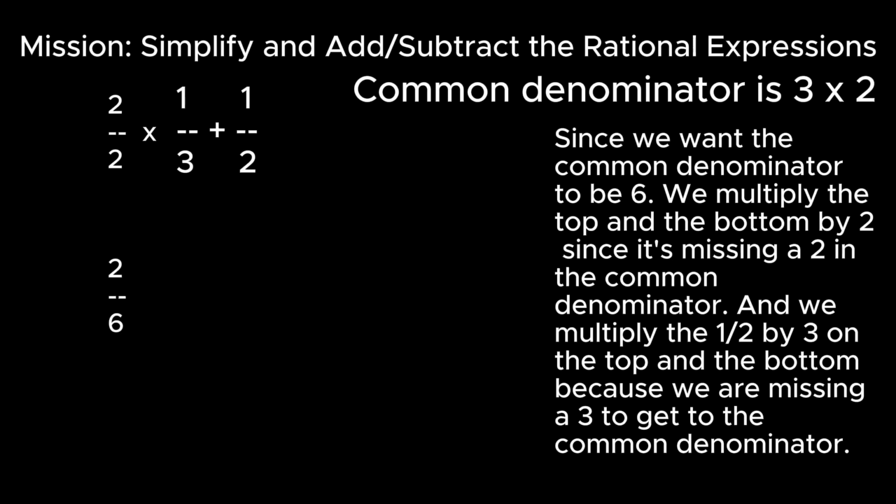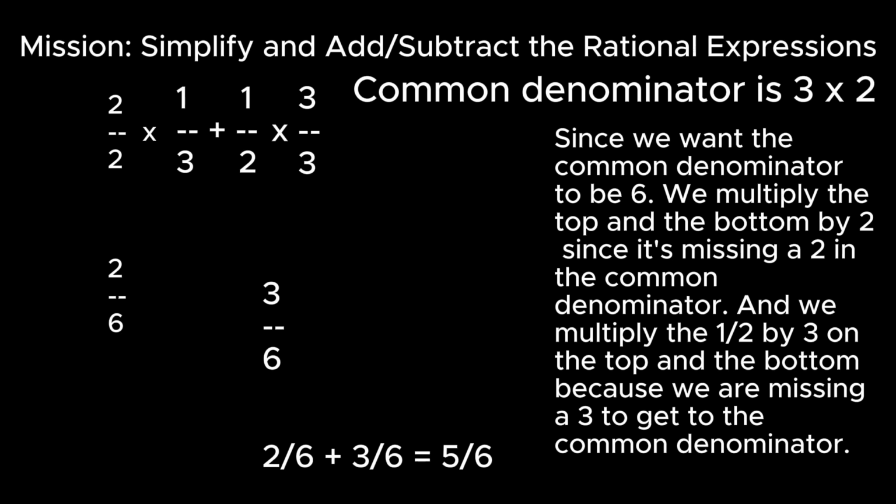And for the 1/2 part, you have to multiply the top and the bottom by 3 because we know that the common denominator is 2 times 3, which is 6. It has the 2 part, right? But it's missing the 3 part. So you multiply the top and the bottom by 3, and you get 3 over 6. And when you add these together, you get 5 over 6.